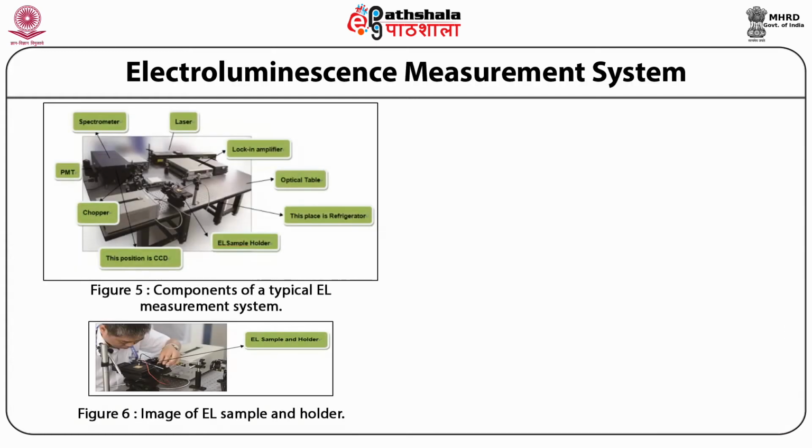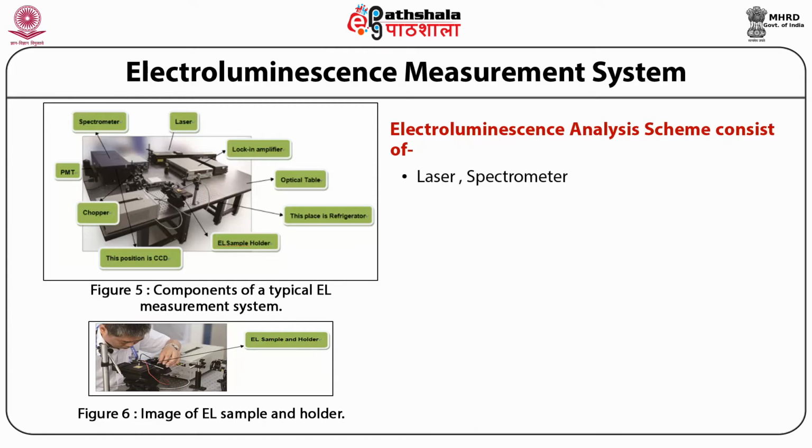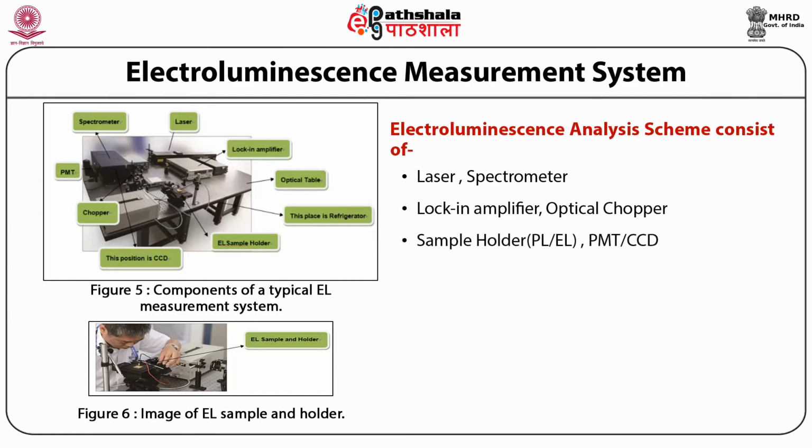Let us study the electroluminescence measurement system. The components of a typical electroluminescence measurement system are shown in figure 5. We can see that the electroluminescence analysis scheme consists of a laser, spectrometer, lock-in amplifier, optical chopper, and sample holder, which can be PL or EL.